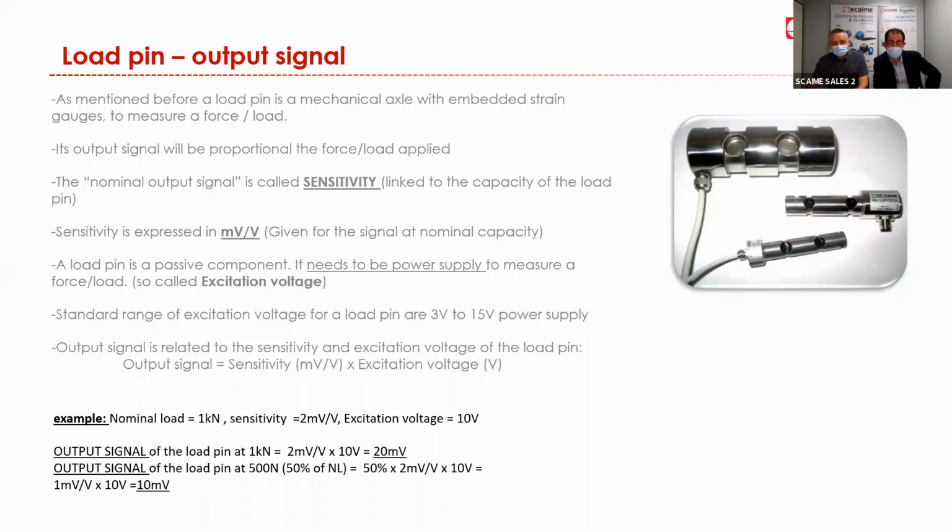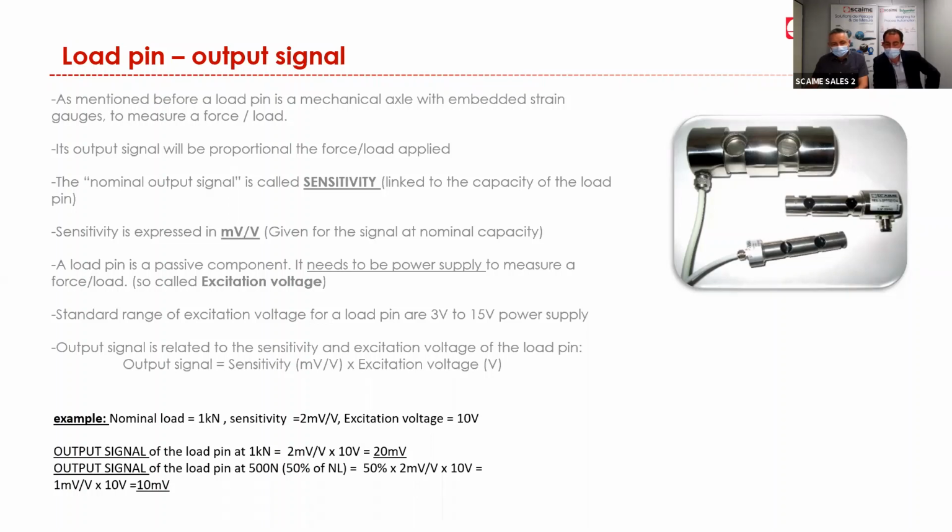Let's now take another example with the same load pin. If you apply a force of 500 Newton, which is 50% of your nominal load, the output signal will be 50% of your sensitivity, 2 millivolt per volt, multiplied by the excitation voltage, 10 volt.